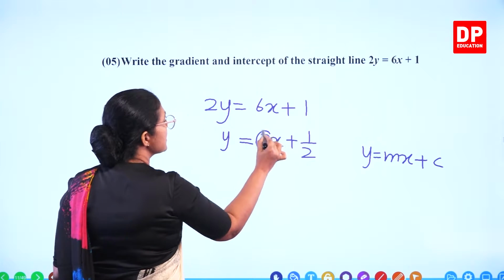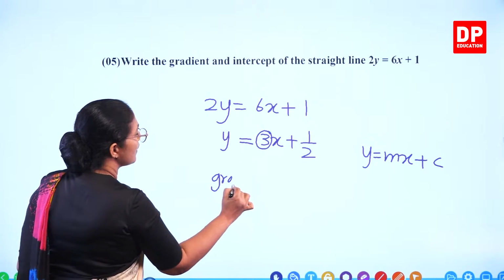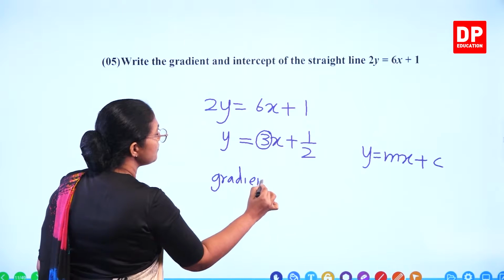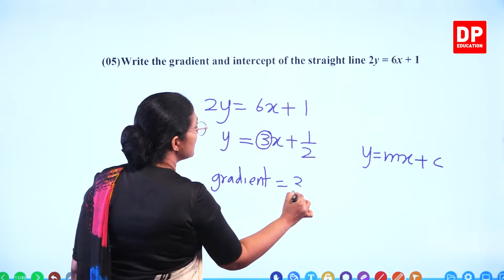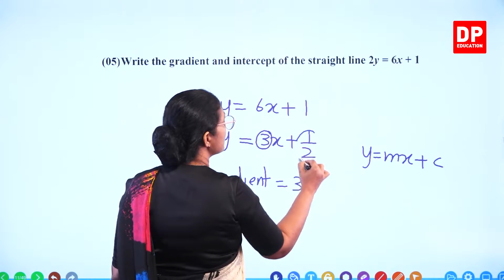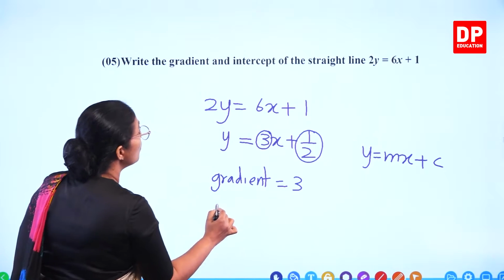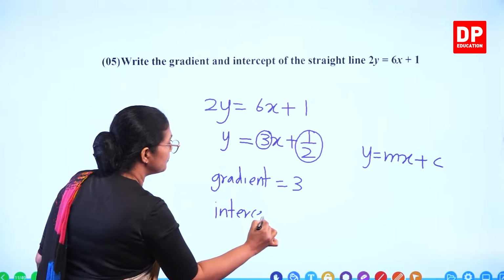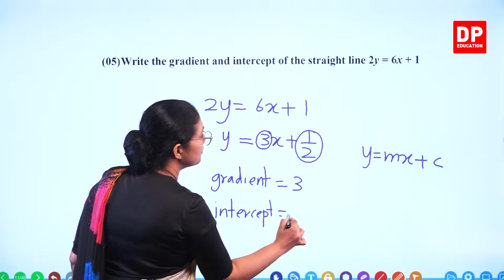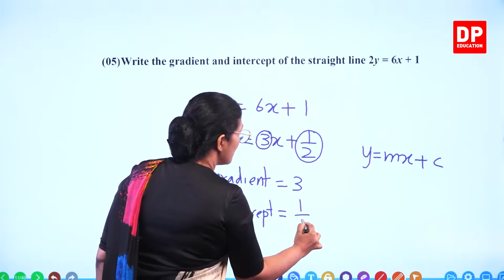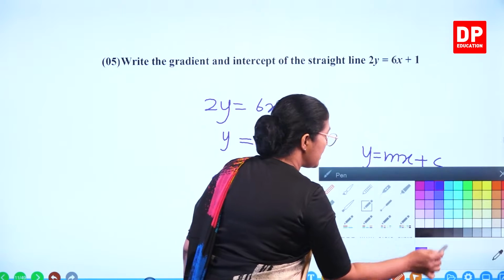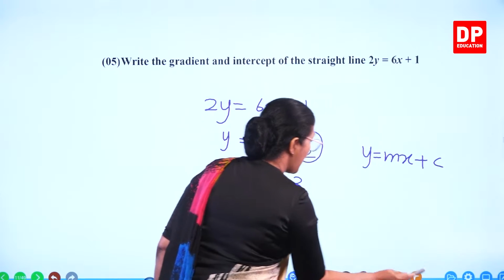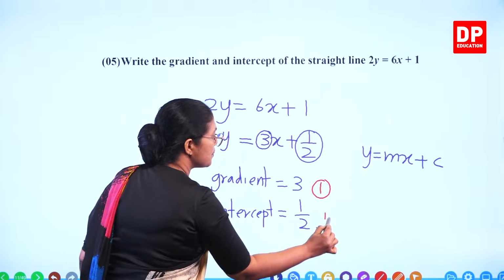So gradient is 3. This is the y-intercept. So intercept is half. So you get 1 mark each for the gradient and intercept.